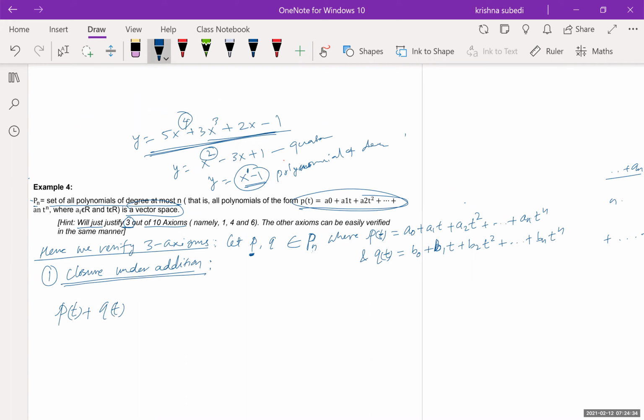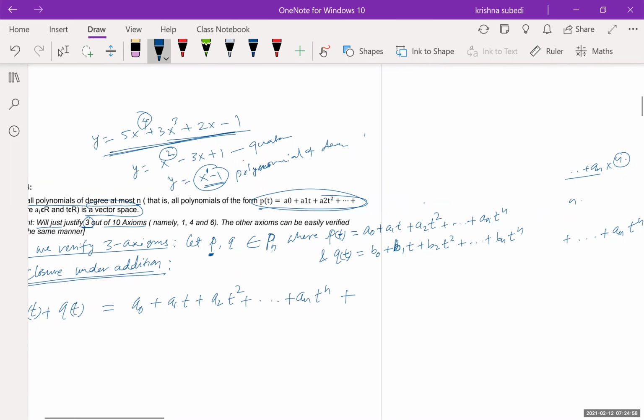Let's see what happens. p of t plus q of t equals a naught plus a1t plus a2t square plus all the way to an tn, plus b naught plus b1t plus b2t square plus all the way up to bn tn.